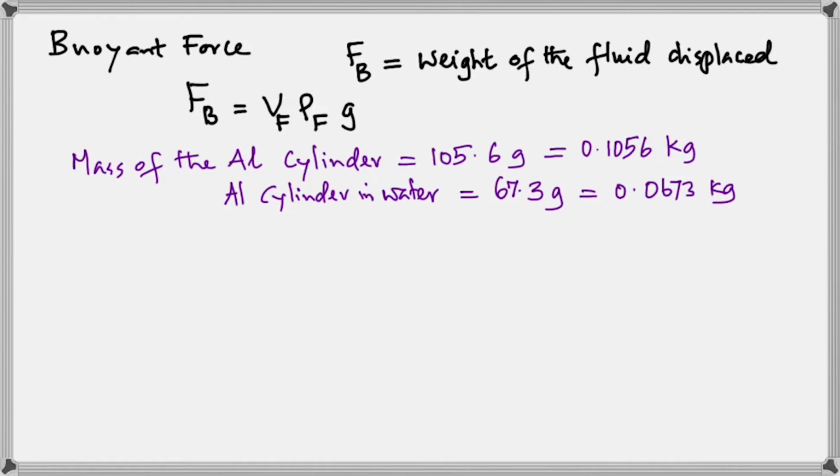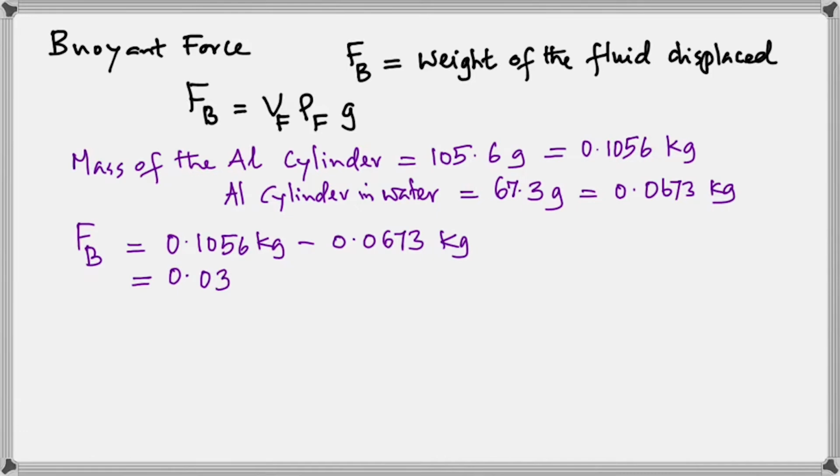So to get the buoyant force, in this case, you would be 0.1056 kilogram minus, keep that number ready so we save time. How much is that? So we get 0.0383 kilogram.